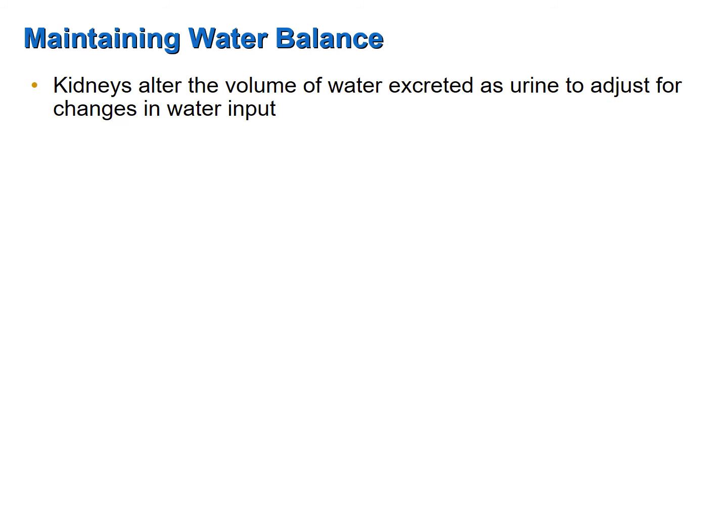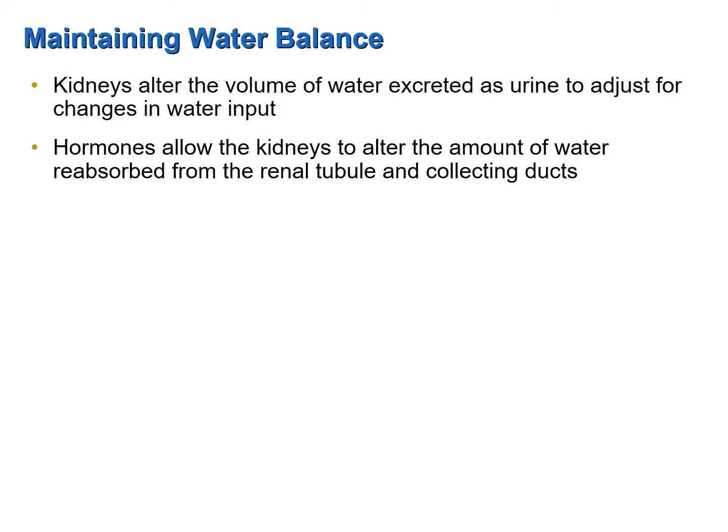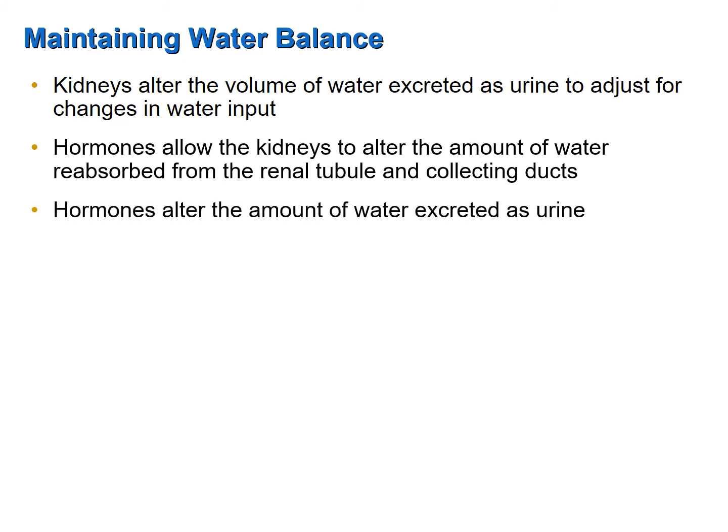The kidneys simply alter the amount of water that is reabsorbed from the renal tubules, and this is controlled by hormones. Hormones allow the kidneys to alter the amount of water reabsorbed from the renal tubule and collecting ducts. So hormones alter the amount of water excreted as urine.